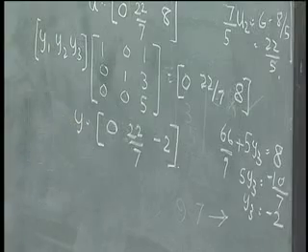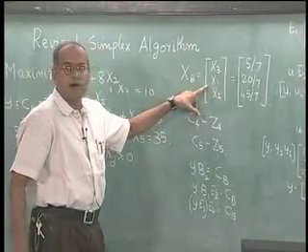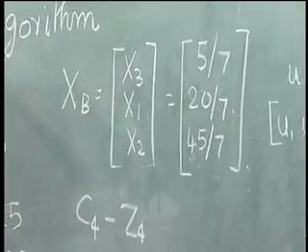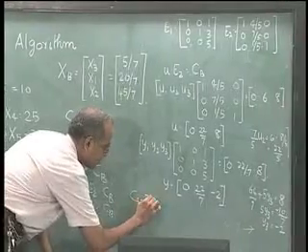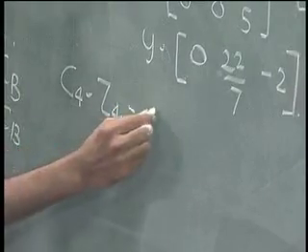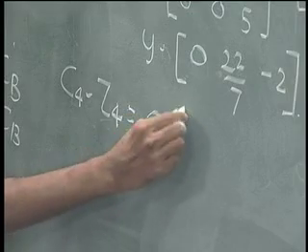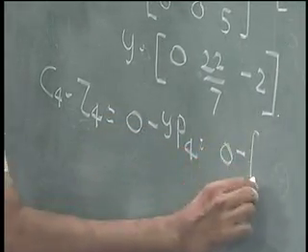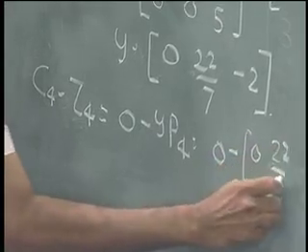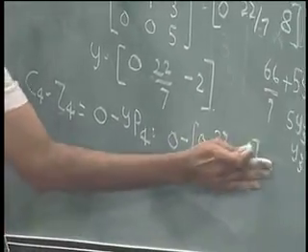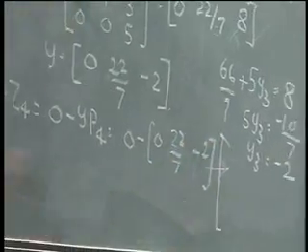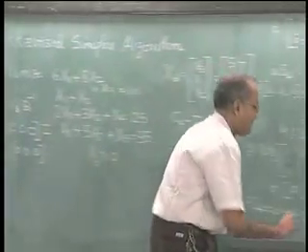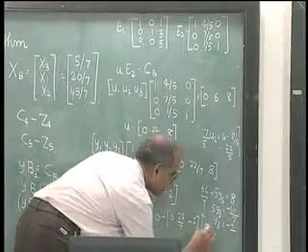to find out the Cj minus Zj of the 2 non-basic variables x4 and x5. So, C4 minus Z4 will be equal to C4, which is 0, minus y P4. So, which is 0 minus 0, 22 by 7, minus 2 into P4, which is 0 1 0.